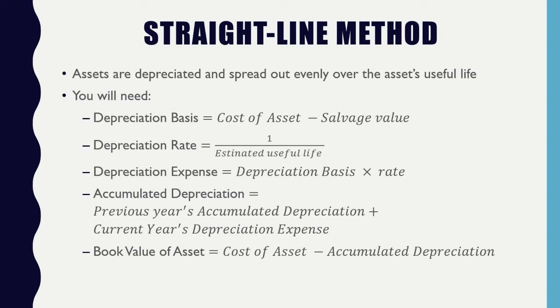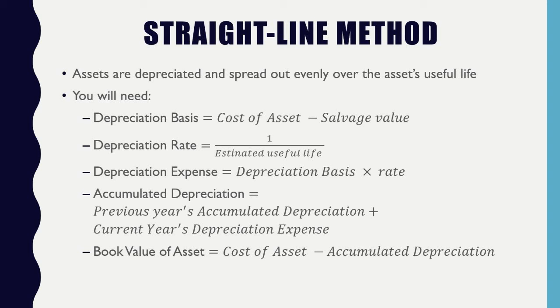You're spreading the cost evenly every year, depreciating the same value every year, until it either hits your salvage value or it is 0. So the depreciation rate for this one is 1 over the estimated useful life.